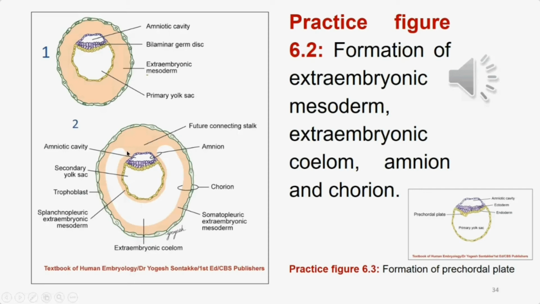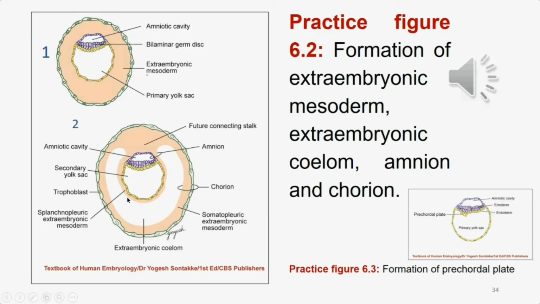Now what happens in the extra-embryonic mesoderm? Small cavities appear in the extra-embryonic mesoderm, and these cavities fuse with each other and form the extra-embryonic coelom.